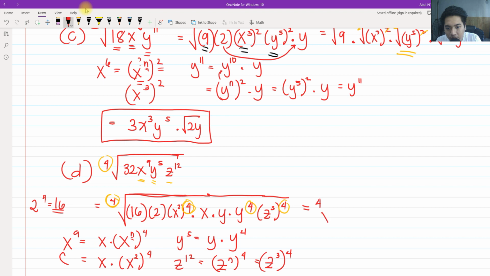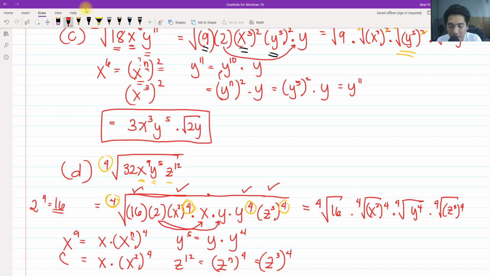I'm going to get the fourth root of 16, and I'm going to mix 2 with x and y, so multiplied by the fourth root of x squared raised to 4, multiplied by the fourth root of y raised to 4, and then multiplied by the fourth root of z cubed raised to 4.